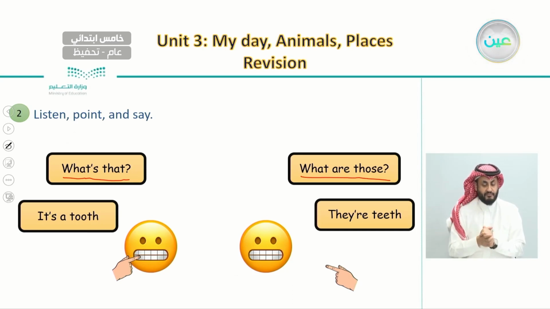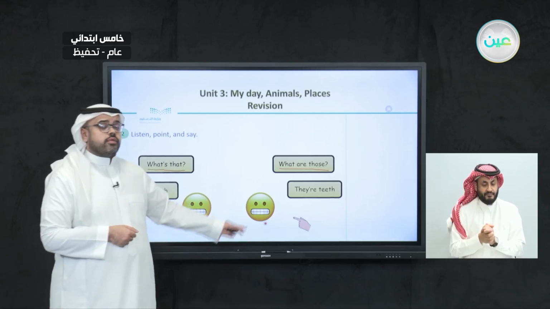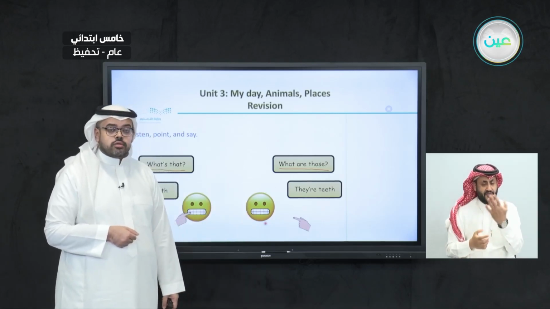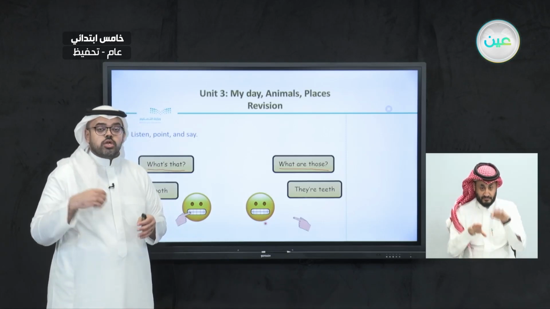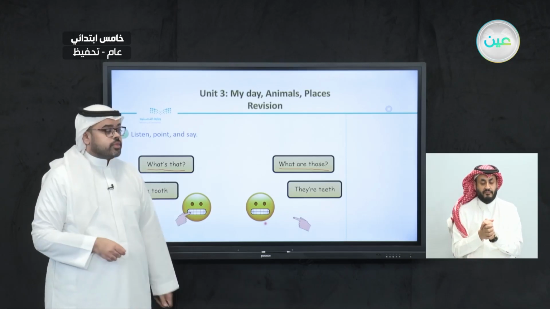As I am pointing here at not only one thing, but more than one thing. What do we call those? They are teeth. So this is the difference between what's that and what are those.